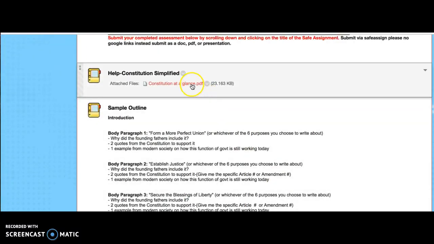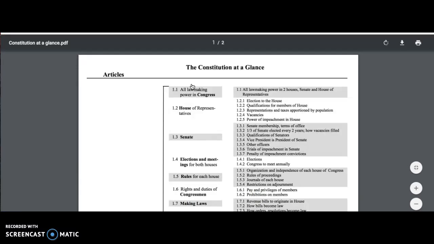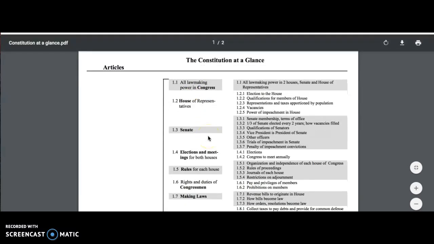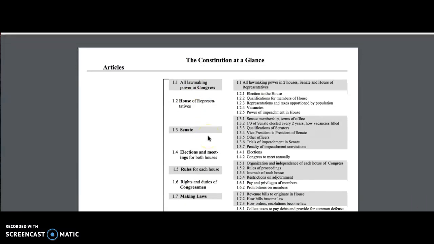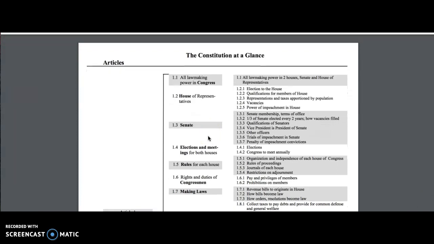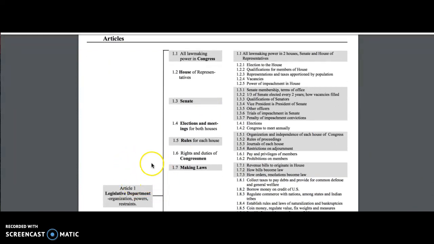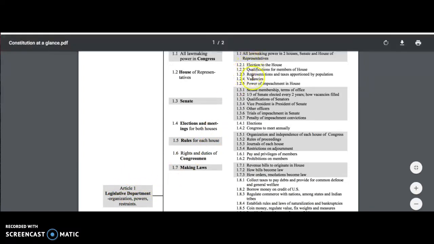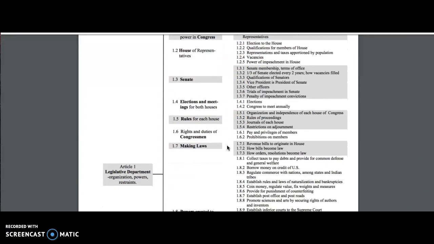So if you go to Constitution at a Glance, it simplifies the Constitution for you. So it goes the preamble and then the articles, and here are the articles. So each article is a branch of the government, the first 3 at least. So the legislative branch, you could use any of these articles to, let's say you say to establish justice or promote the welfare, and maybe you're taking that as we're going to provide military, we're going to protect our country.